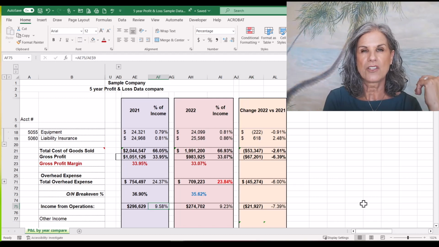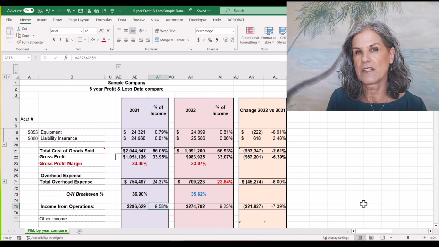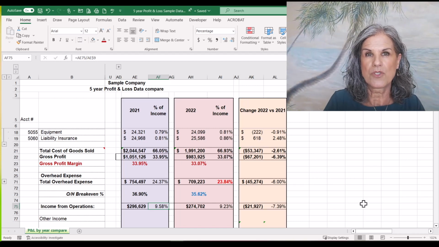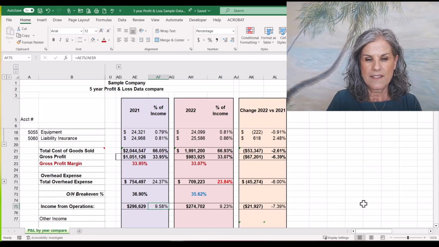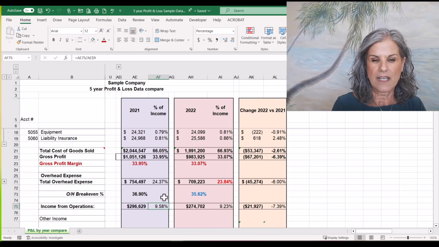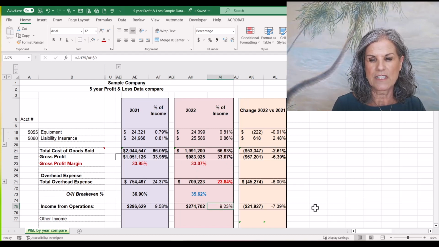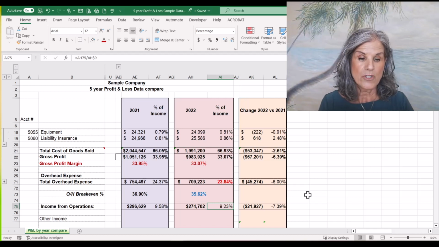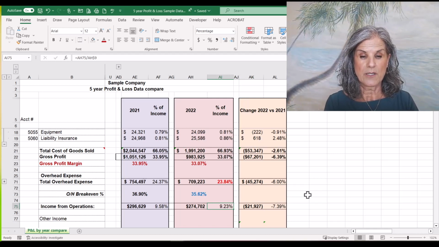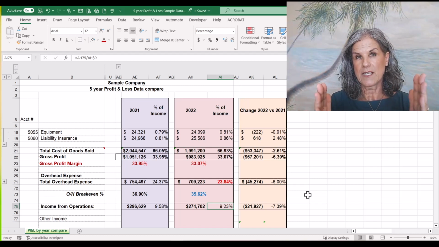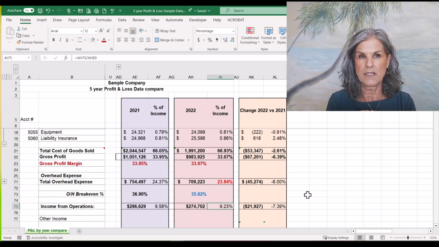Again, I recommend that you download the resource I'm including and evaluate your numbers. This company, the prior year did 9.58%. This year did 9.2%. So the percentage is not really very much different, just went down a little bit. And the company overall is still operating within that range of 8 to 10%. That's a good, healthy bottom line number.